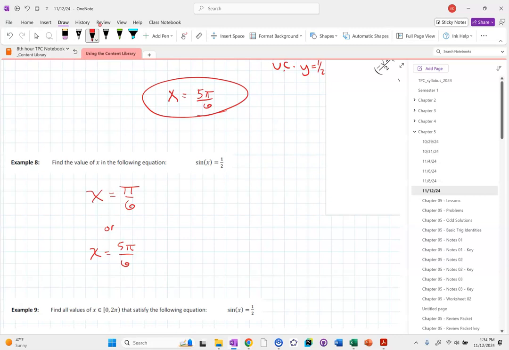But we need a way to write pi over 6 and then everything coterminal to it. Or how to write 5 pi over 6 and everything coterminal to it. We could write in words, but we're not going to do that. We're going to use mathematical symbols. So the way that we write and everything coterminal is we're going to write plus 2 pi k, where k is an integer.